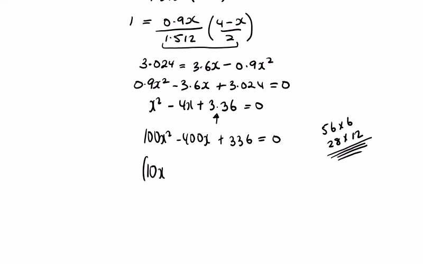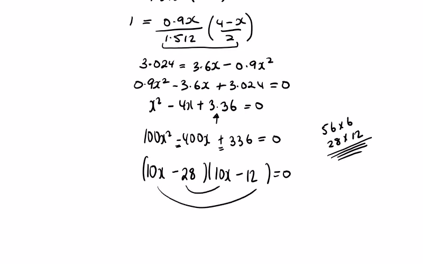So 10x and 10x, with two minuses, gives minus 12 and minus 28, minus 120 minus 280. So x is equal to 28 over 10, which can't be, since the whole length is 2, or x is equal to 12 over 10, which is 1.2. So this must be the correct answer for x.